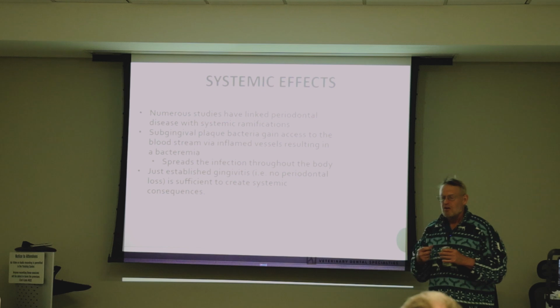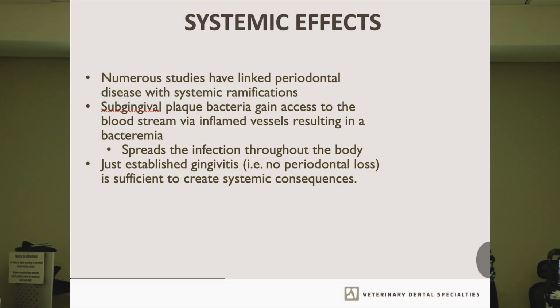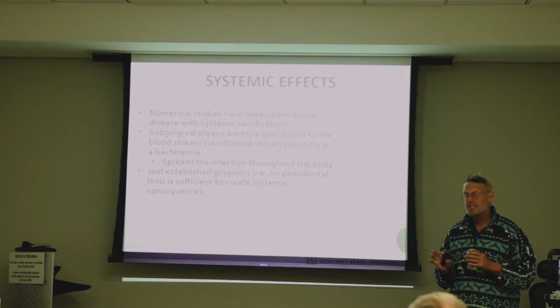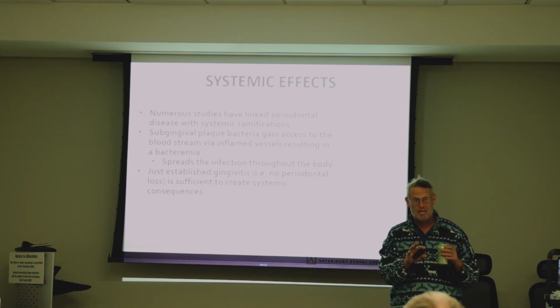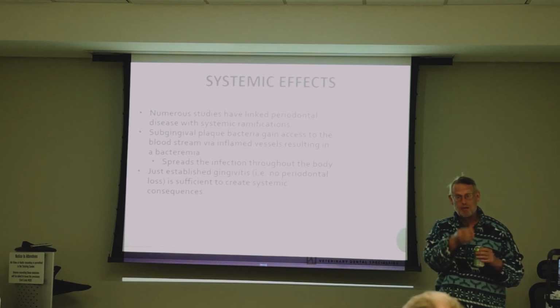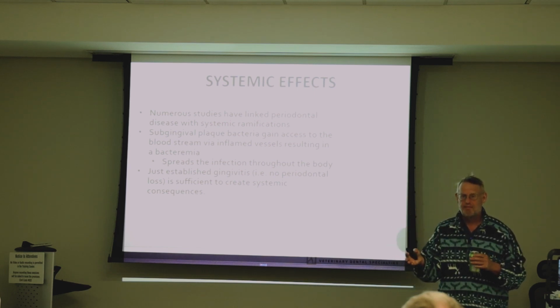So one of the reasons that we have all, and I know Alan's going to talk a lot more about this, so I'm just going to introduce this because I'm really into this stuff. What we have found, and again, I'm writing the second edition of the Perio book, and the number of studies, I think there's literally thousands, on the human side look at a link between periodontal disease and systemic effects, okay?